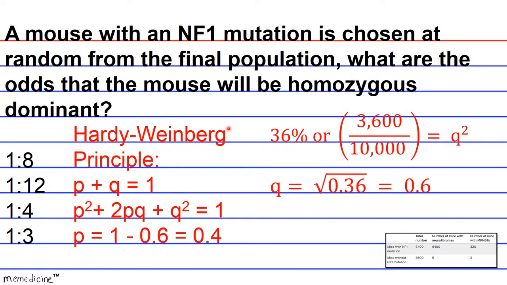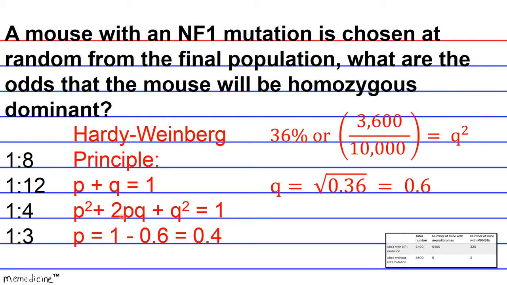The mouse chosen in the question has the NF1 mutation, okay? Therefore, it must either be homozygous dominant, as I previously touched upon before, or it has to be a heterozygous genotype, all right?